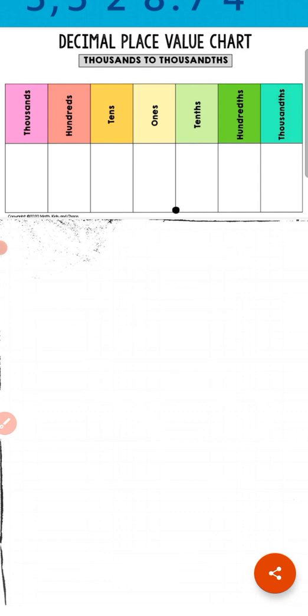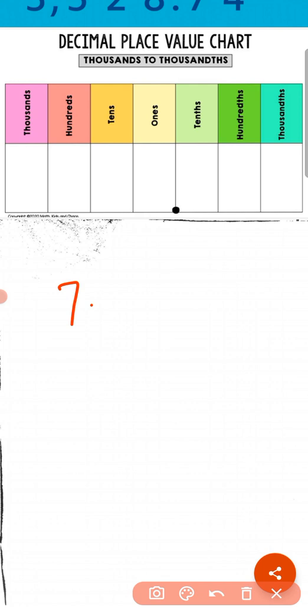Children, let us do a few questions here. Our first number is 7.1. This number has only one digit in the decimal place.